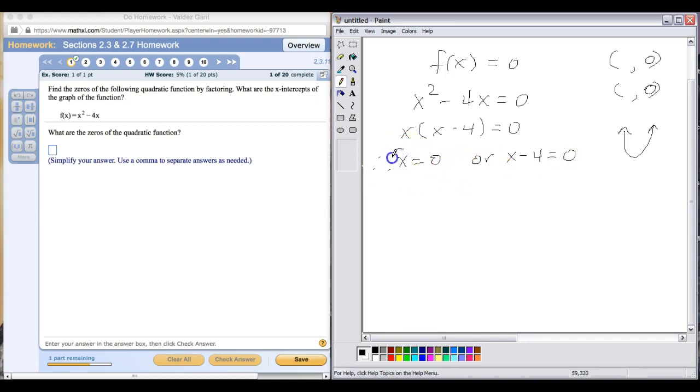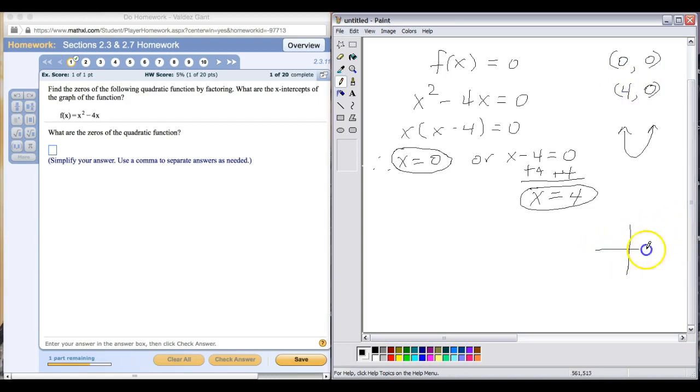So of course, x equals 0 is one of our answers. For the other answer, we would add 4 to both sides, and we would see that x equals 4 is our other answer. So our function has an x-intercept at (0, 0) and at (4, 0).